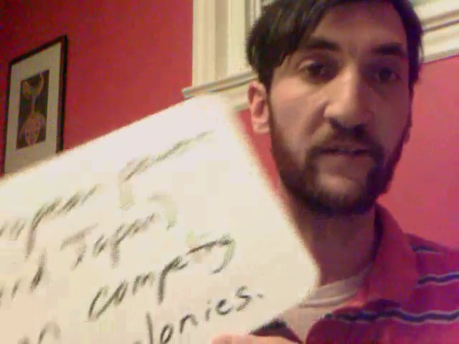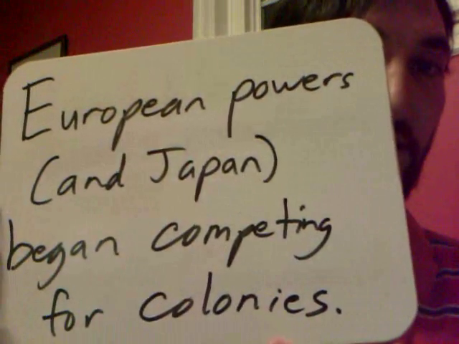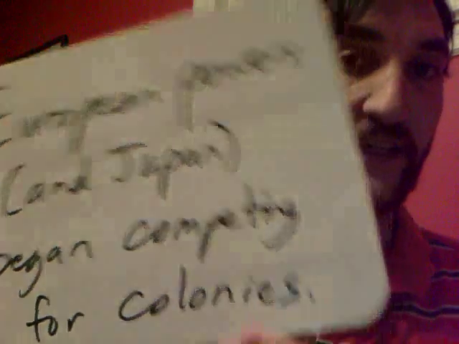Because of these two things, European powers and Japan began competing for colonies. Colonies can be thought of as lands outside a country's border that are run by that country and typically do not have the rights of the full members of that country's citizens in the border.